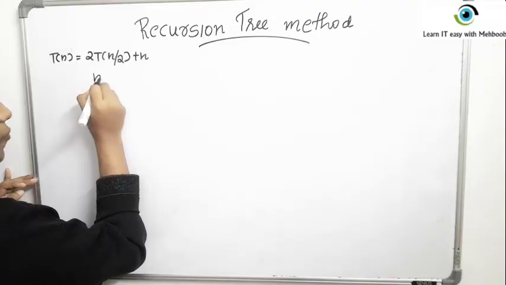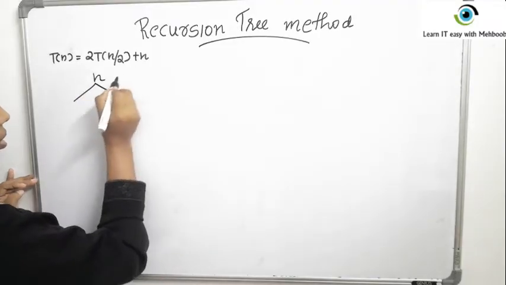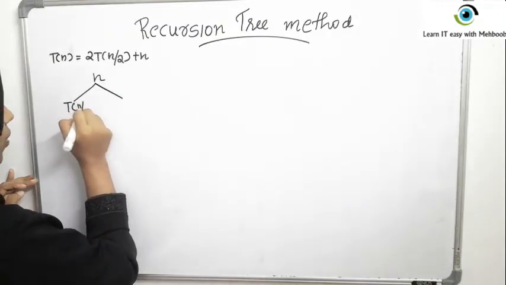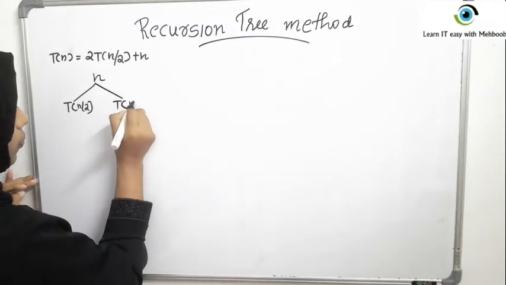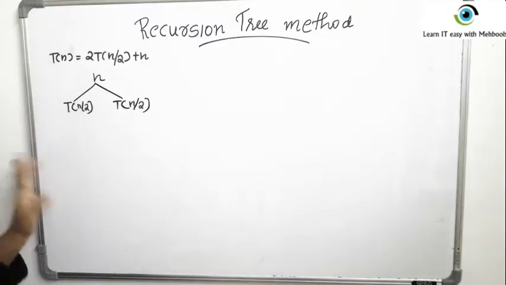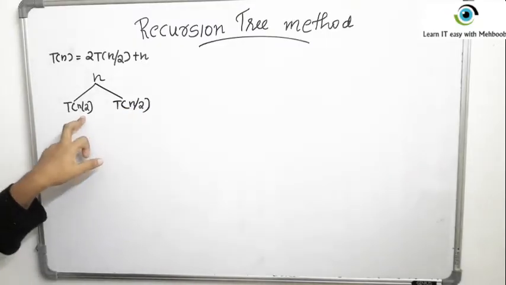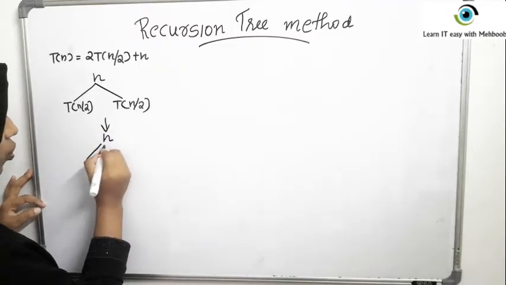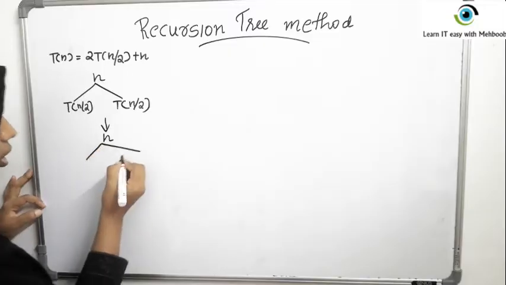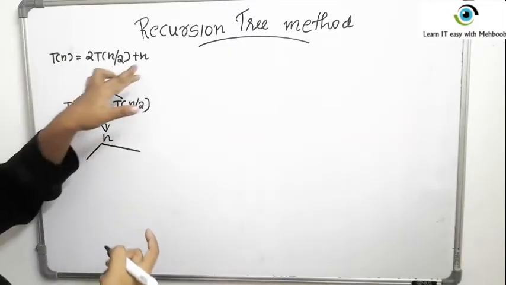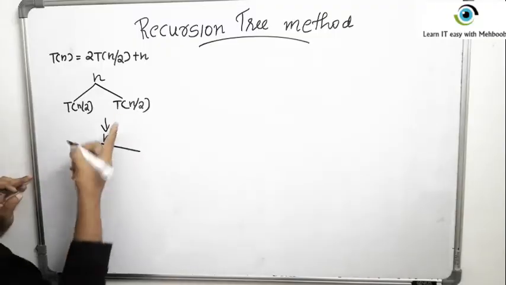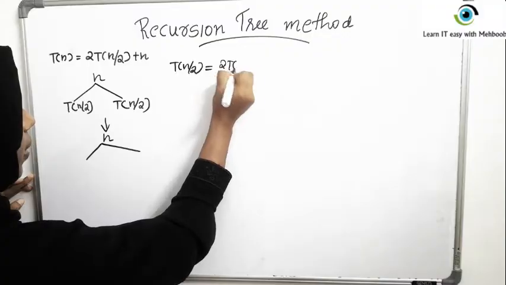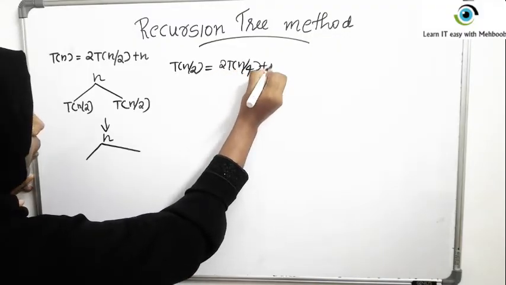So you are very familiar with drawing the tree by this time. So n is the root, then 2t of n by 2. So t of n by 2, t of n by 2. Now you know that you have to expand t of n by 2's. Assuming that you can do that very easily now after solving the iterative approach, I'm just going ahead. When you expand t of n by 2, that will be 2t of n by 4 plus n by 2.